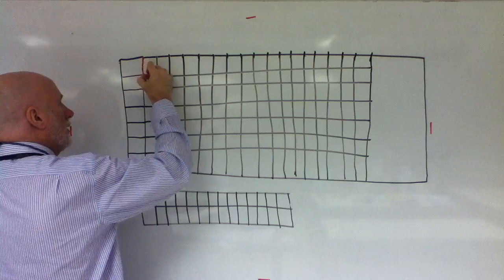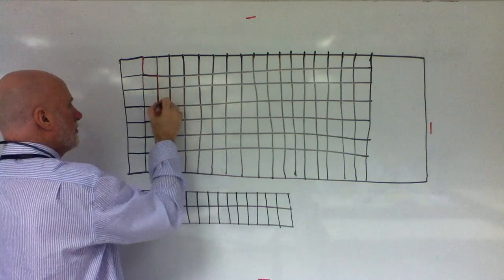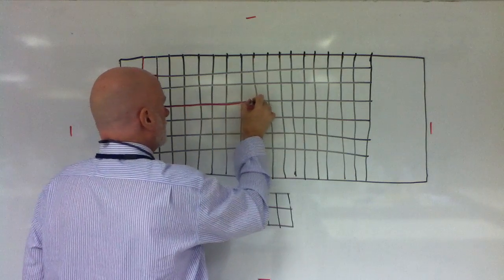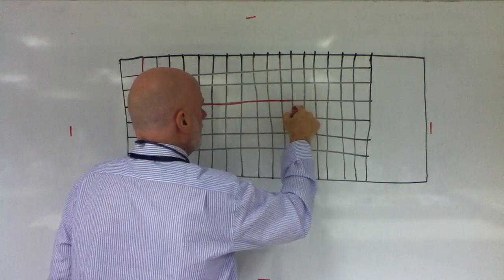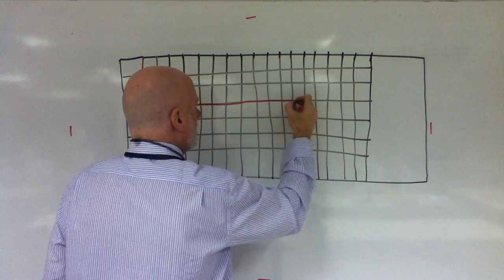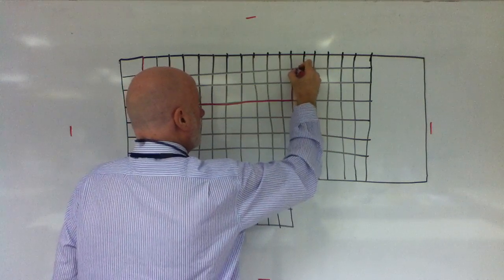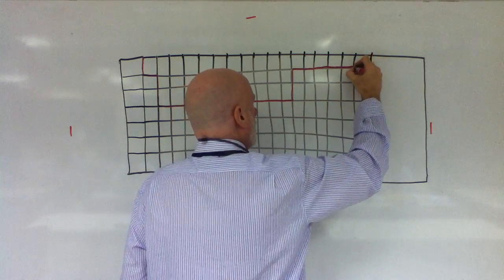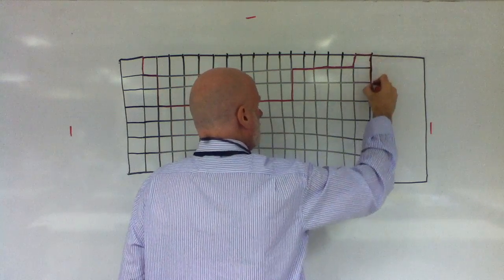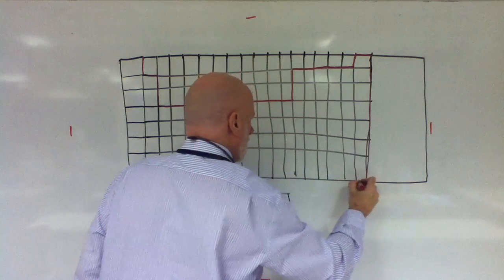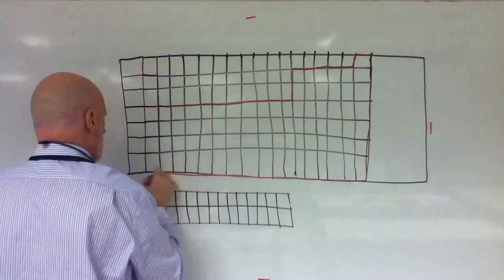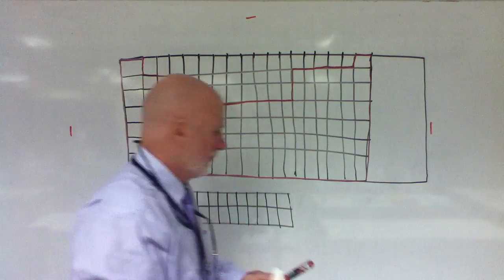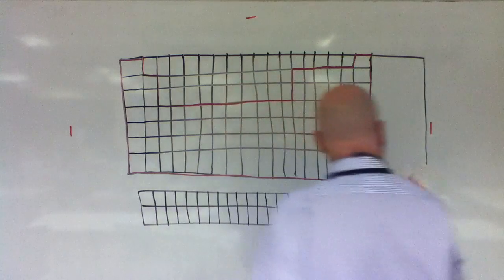This goes down 1, over, down 2, over 10, then up 2, over, and then up 1. Okay, that's your table. Now you can get rid of the rest of it here.